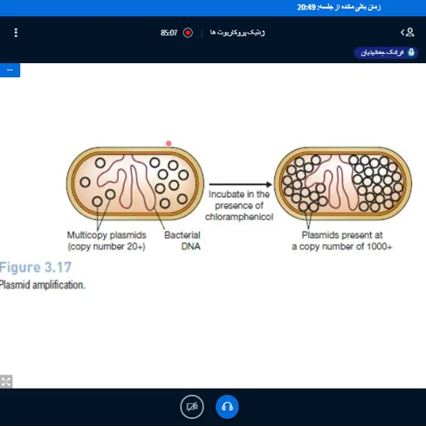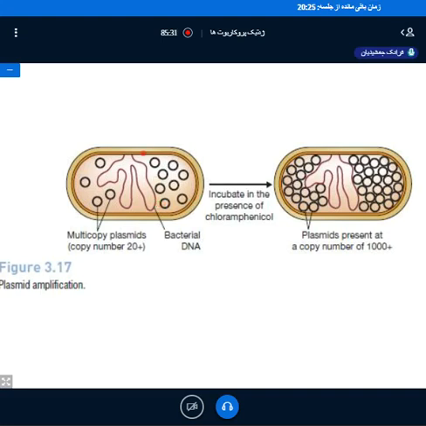Here, what do we have here? This is the bacteria. This is the chromosome of the bacteria. And what is here? This is the plasmids. If we want to extract the plasmids, we want so many plasmids, yes?